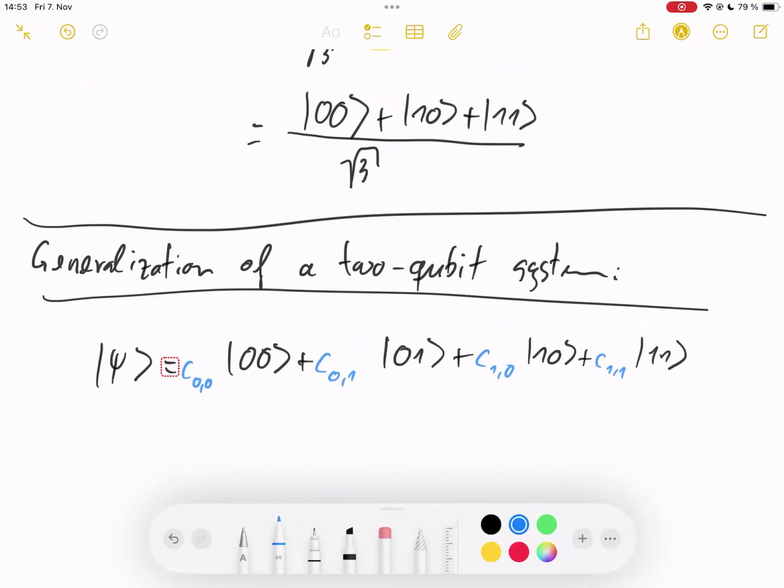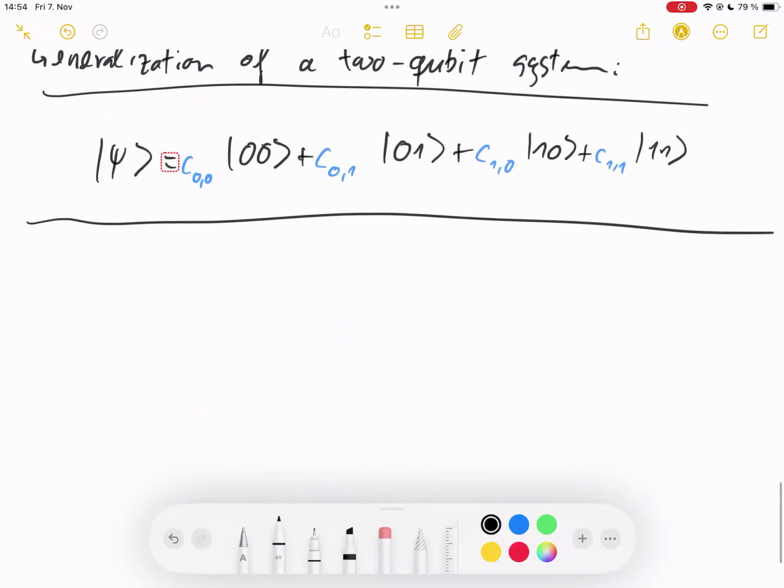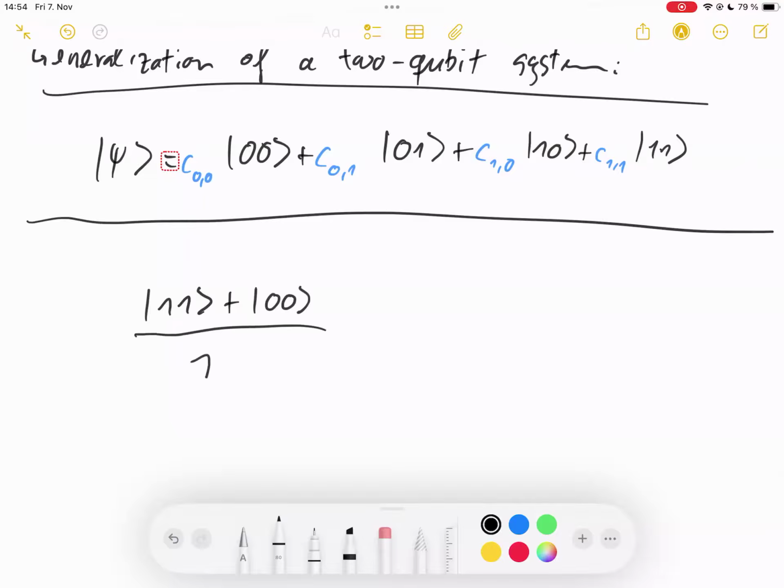And we can think about another special case, which is the following system: 1, 1 cat plus 0, 0 cat divided by the square root of 2.